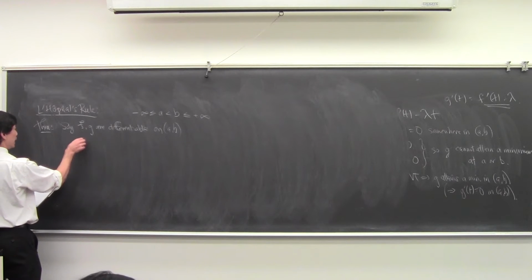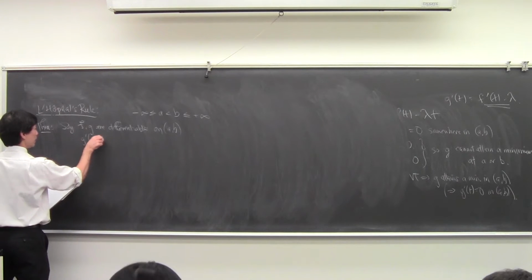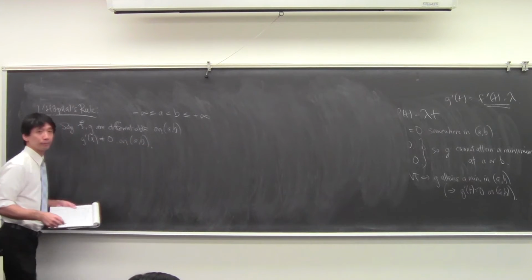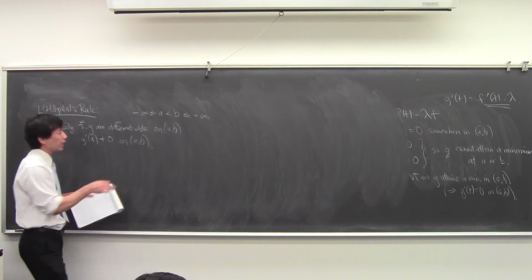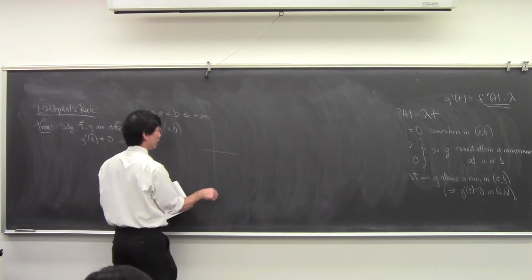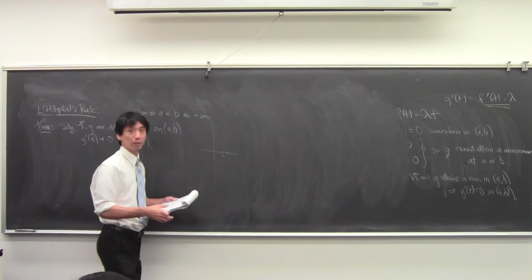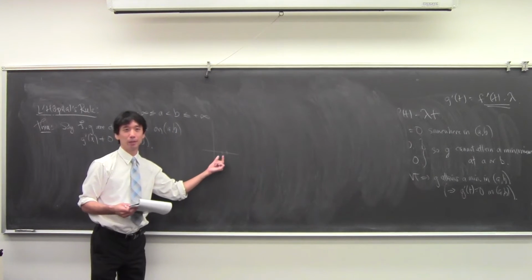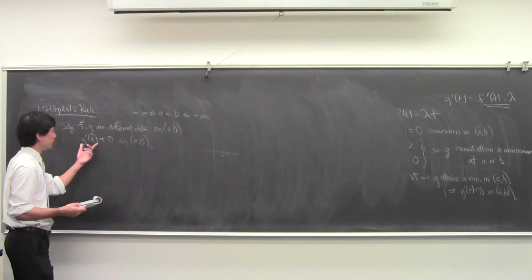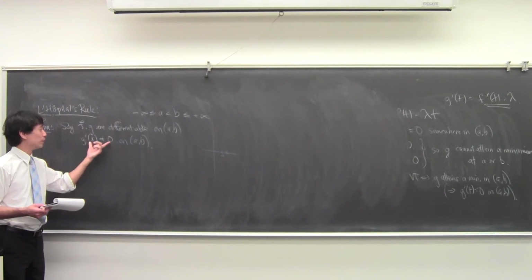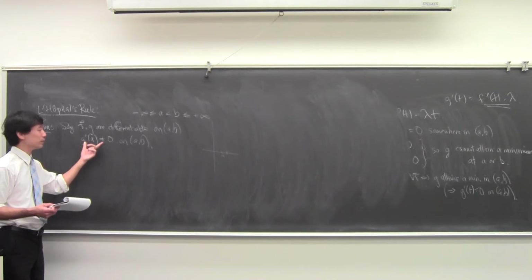And say that g prime of x is non-zero on that interval. So this interval is really probably going to be some small interval in which the denominator of the quotient that we're going to look at in l'Hôpital's rule is non-zero.